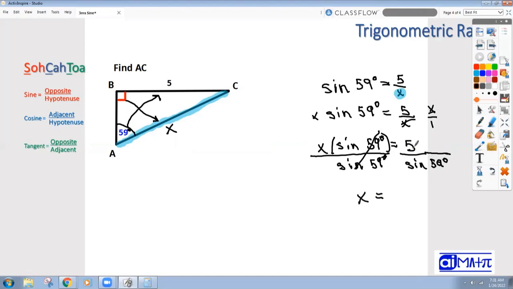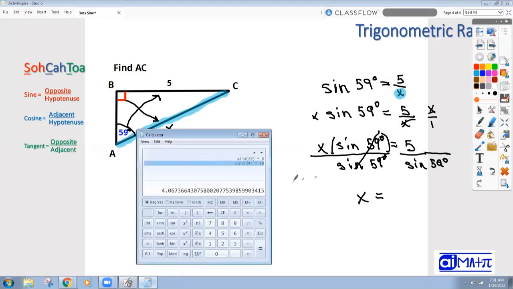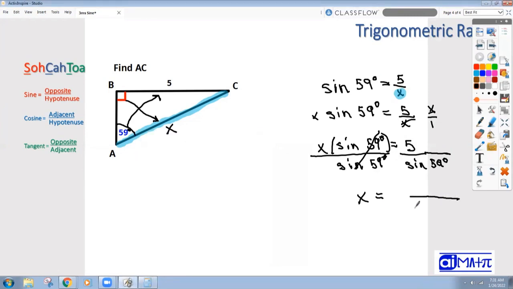And so what I would type into the calculator, showing you these steps algebraically, but for practical purposes, when you get to this point and you see 5 divided by x, what we're going to do is take 5 in the calculator and the sine of 59 degrees. So the first step that I would suggest you do is press sine and find out what that number is. And we're only going to write down the first couple of digits here. We got 0.85716.